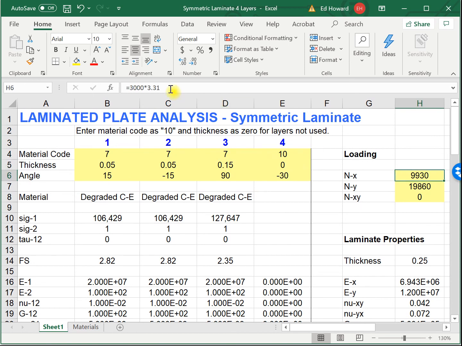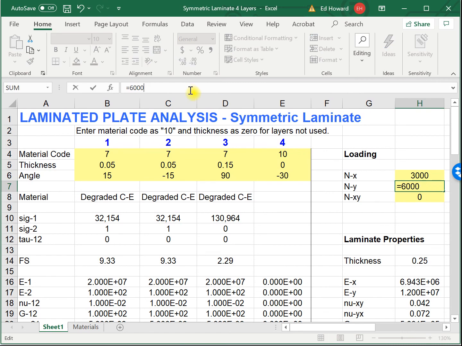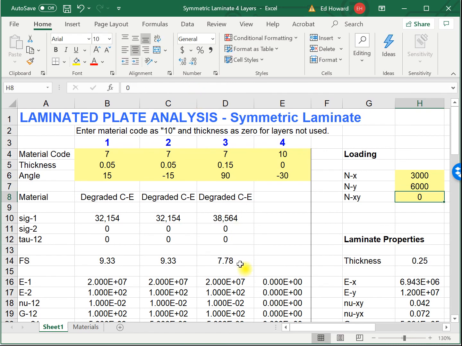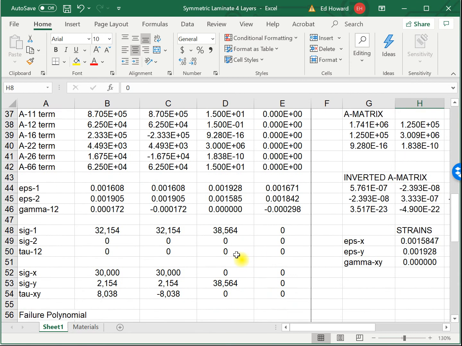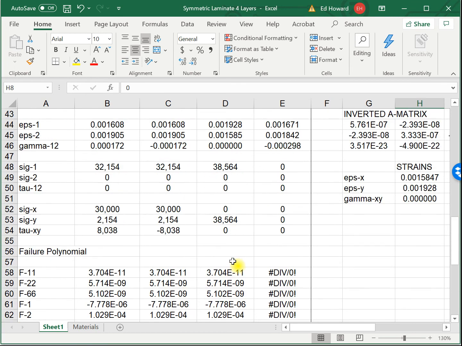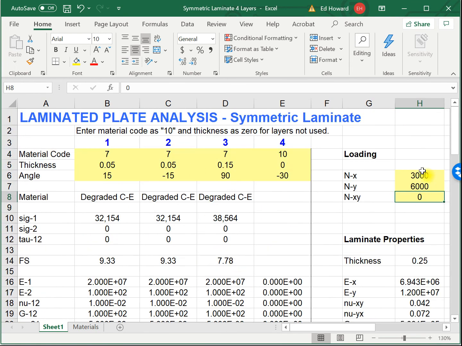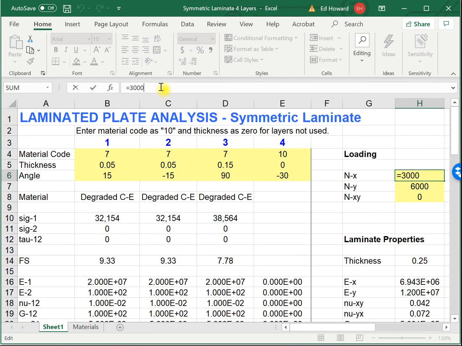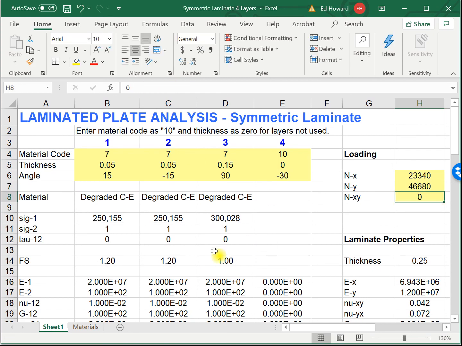And once again, to make it easy for comparison, we'll go back and put the 1000 psi on here again. And we see now that our critical factor of safety is 7.78. And of course, if I increase to 7.78 to show what the stresses are at the predicted failure, then I get the factor of safety of 1 here.